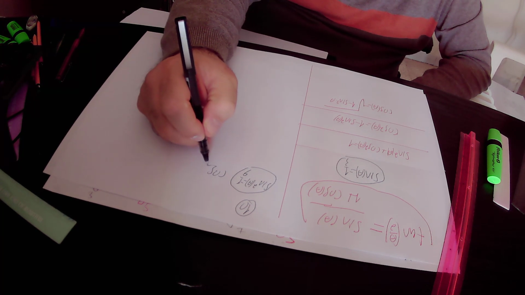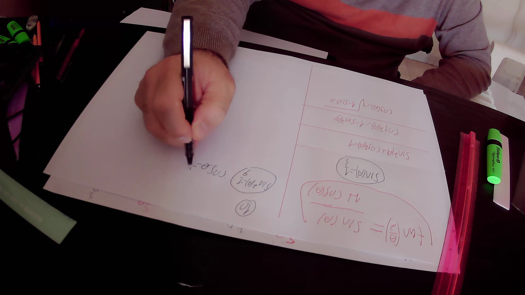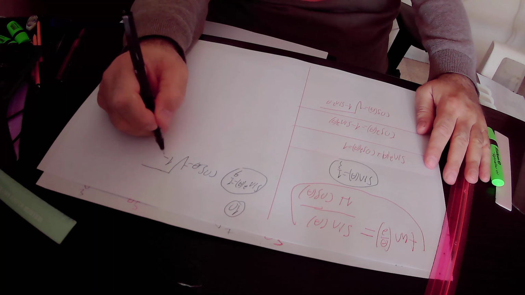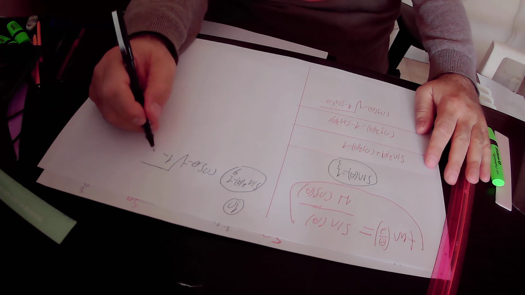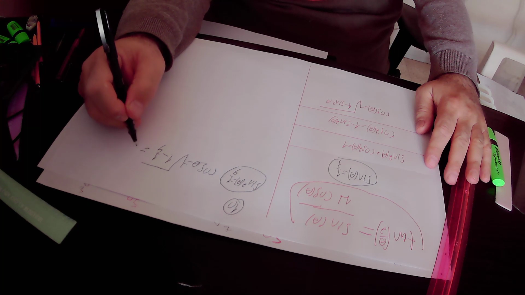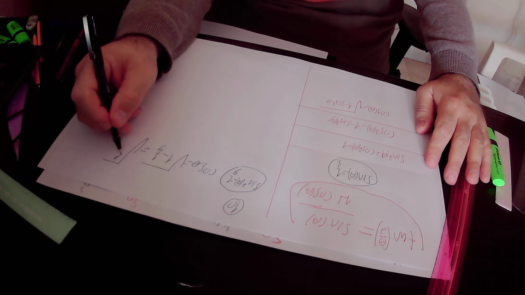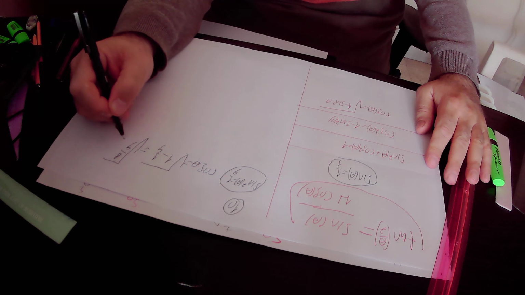So cosine theta is equal to the square root of 1 minus sine square theta, that is 1 over 9, and 1 minus 1 over 9 is 8 over 9, so it is the square root of 8 over 9.